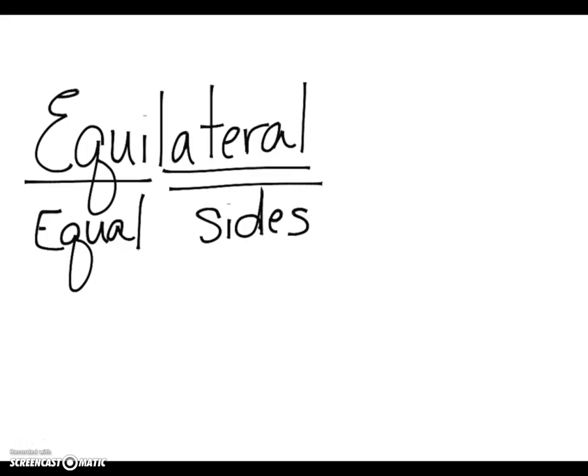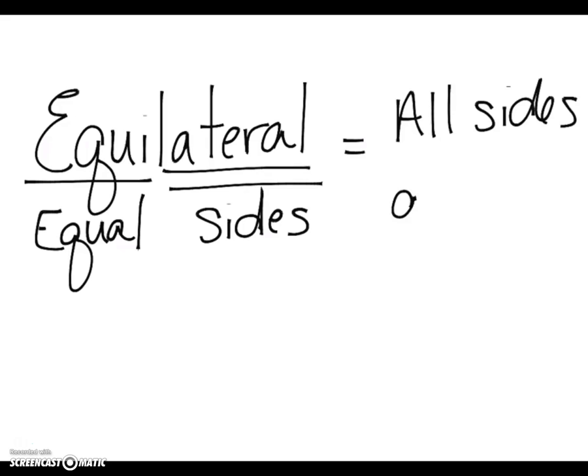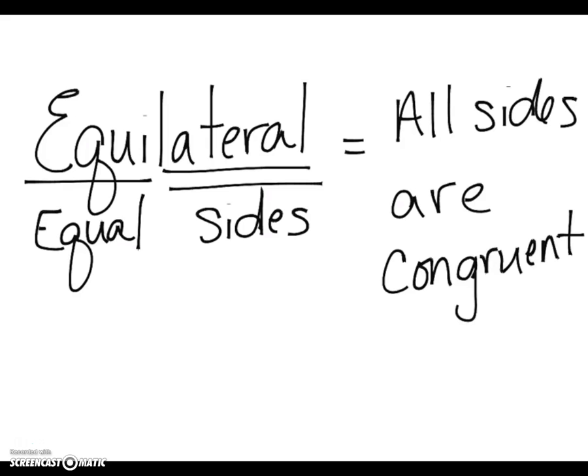So something that is equilateral has equal sides, meaning all the sides are congruent. Okay? So this means all sides are congruent. Okay? And most of you are pretty familiar with an equilateral triangle where all the sides are the same.